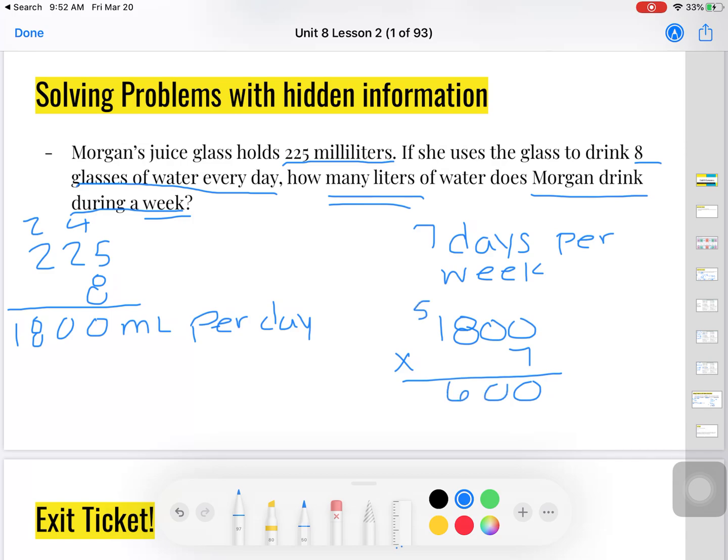Seven times 8 is 56. 7, 8, 9, 10, 11, and 12. So we get 12,600.